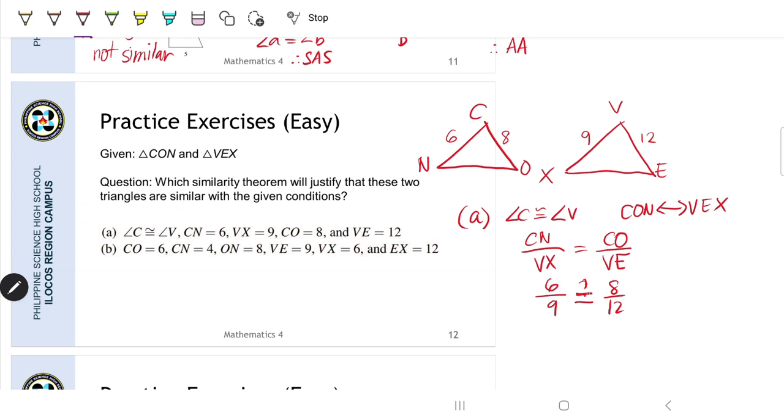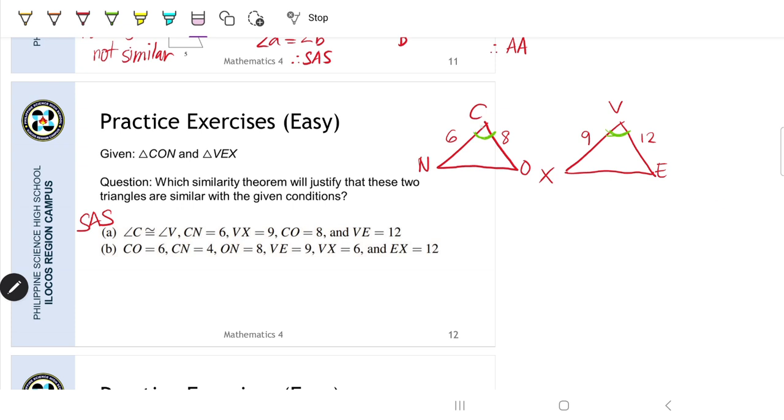So they are indeed equal. So we have proven that the corresponding pair of sides are proportional, which are these sides, and then angle C and angle V are the included angles. So therefore, ang ginamit natin sa letter A ay SAS similarity. Okay?